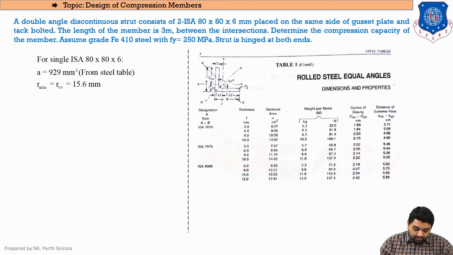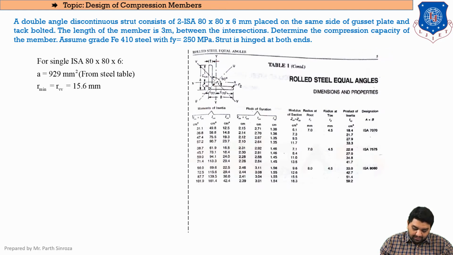Here it is given for ISA 80 cross 80, and the first row is 6 mm thickness. You can see the sectional area here is 929 mm square. Moving on to page number 5, you can see that our minimum radius of gyration, that is rvv, is 15.6 mm. These two things we will always take from our steel table.